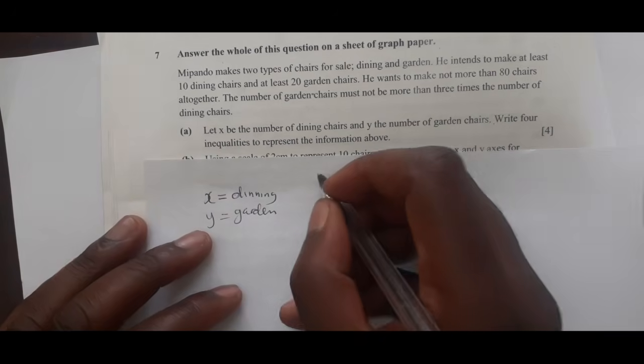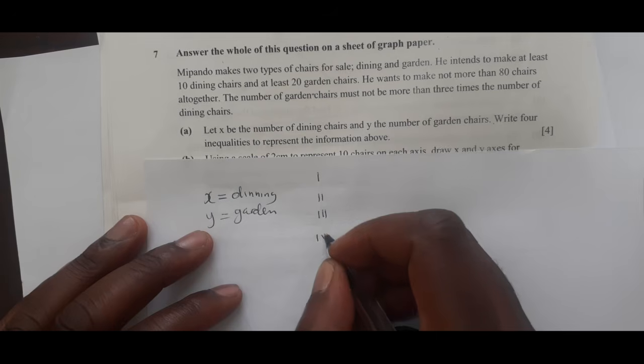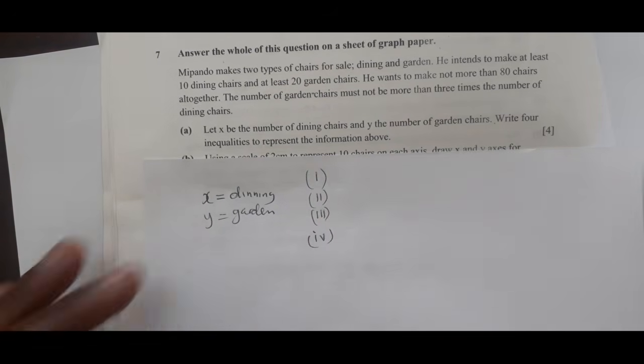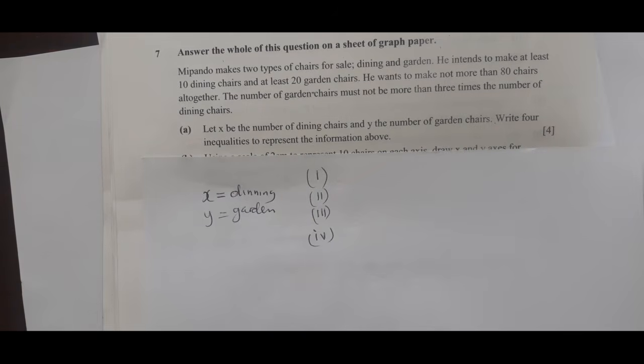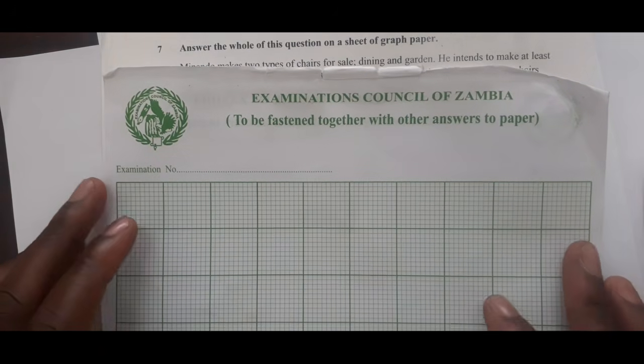Okay, so we need to write these 4 inequalities. 1, 2, 3, 4. Okay, what are they? We need to assign the variables here. So maybe we even do well to do everything on the graph paper in advance.